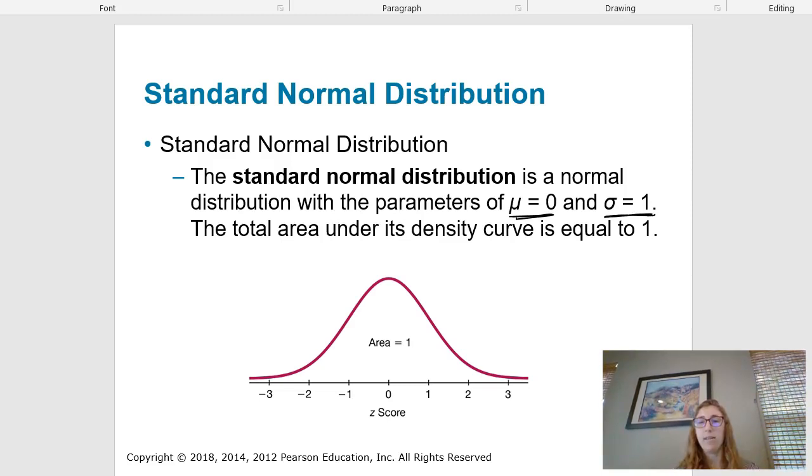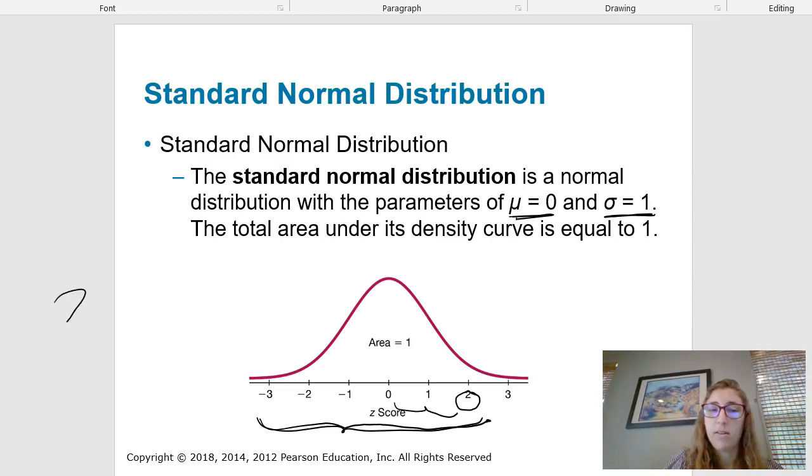Okay. So again, our standard normal distribution has the specifics of the mean equaling 0 and the standard deviation equaling 1. Okay. So when we're looking here at our axis, let's take 2 for instance. The value 2 is exactly 2 standard deviations away from the mean, which is exactly what a z-score is. So whenever we're dealing with standard normal distributions, all of these x values down here are really z-scores.